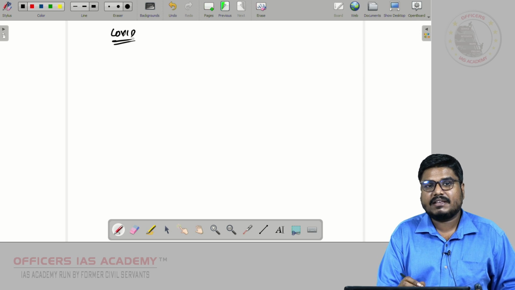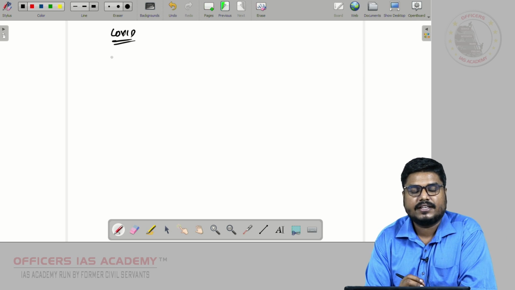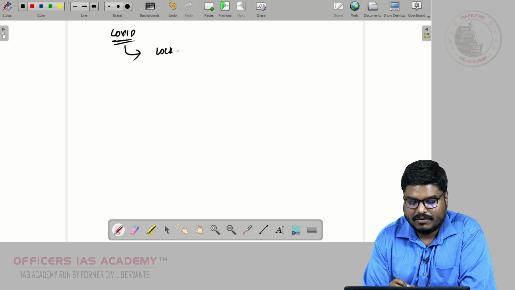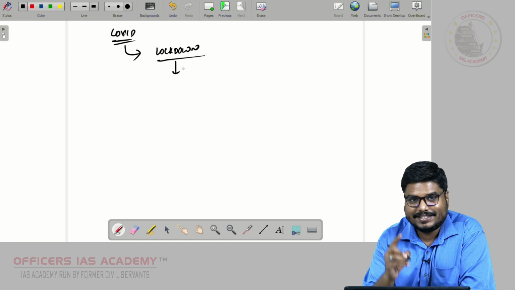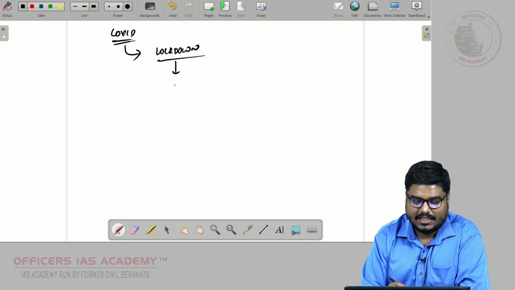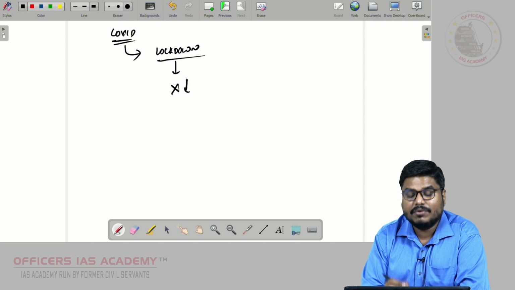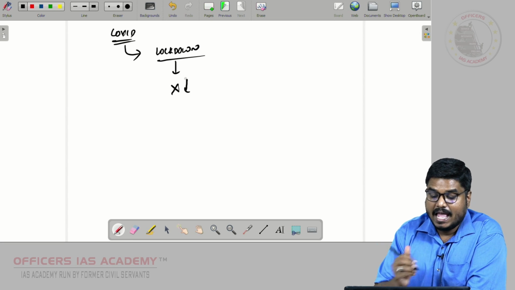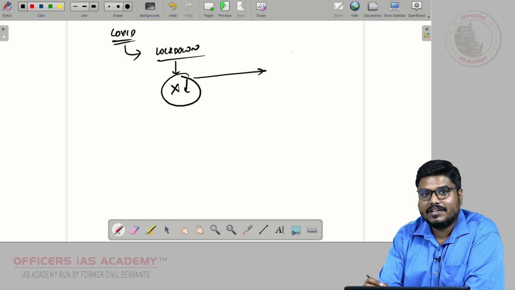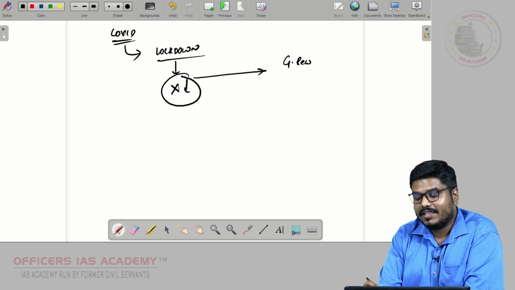COVID came as a blessing in disguise. Friends, because of this COVID, there was a global lockdown, and this lockdown resulted in a considerable reduction of carbon emission. This reduction is going to help us for a green recovery, right?